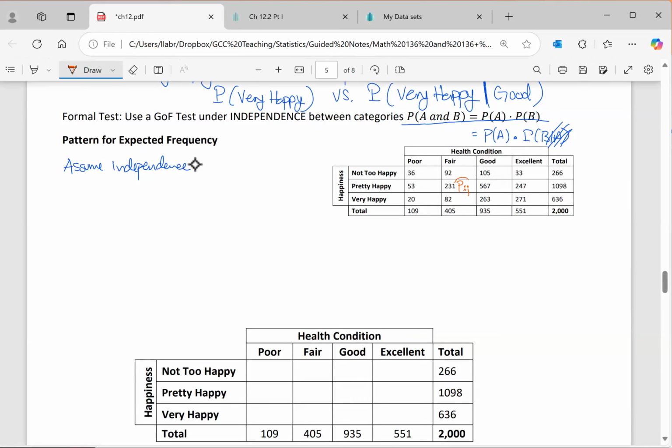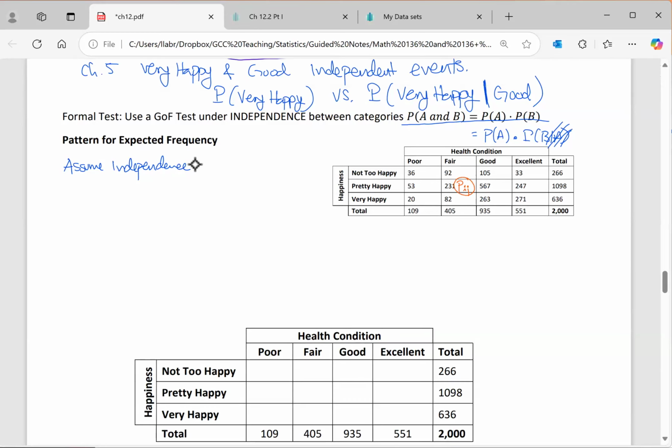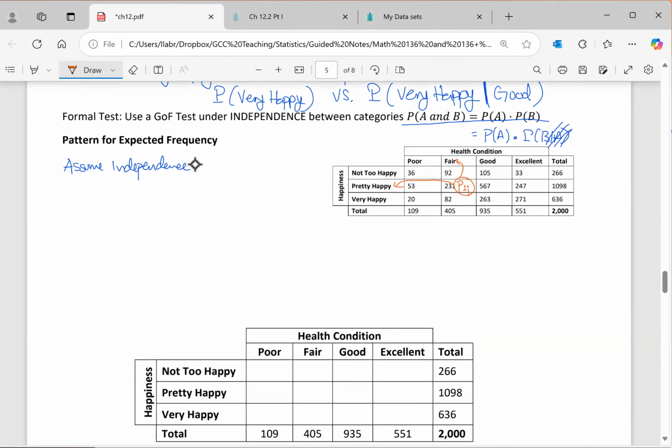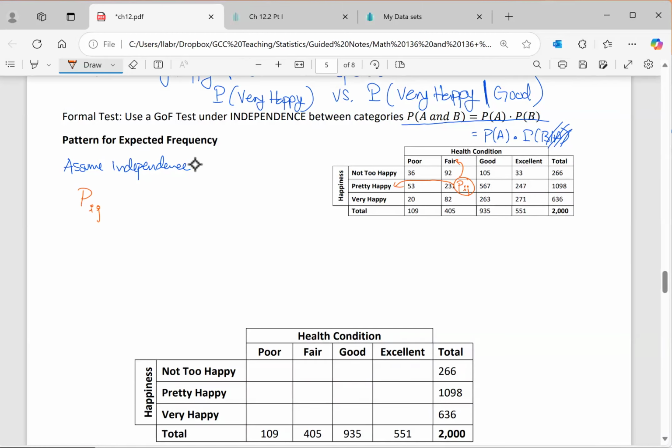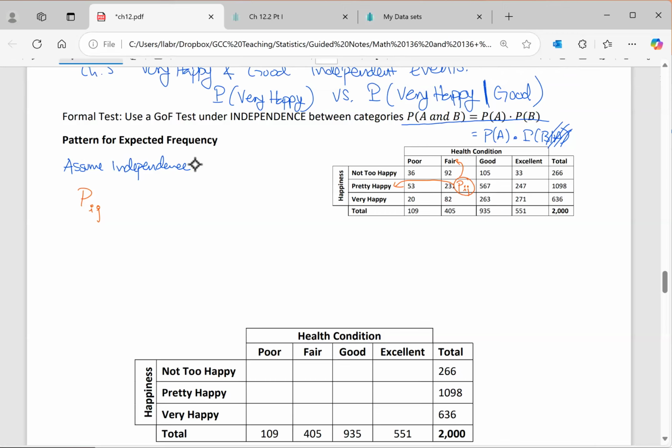If I want to find the probability of this occurring, then that means that somebody replied with fair and they replied with very happy. So in other words, if I assume independence, what is the probability that somebody's going to respond with very happy and fair? So again, row i, column j. And because these categories are independent, that'll be the probability of row i, so that's event i, and column j.